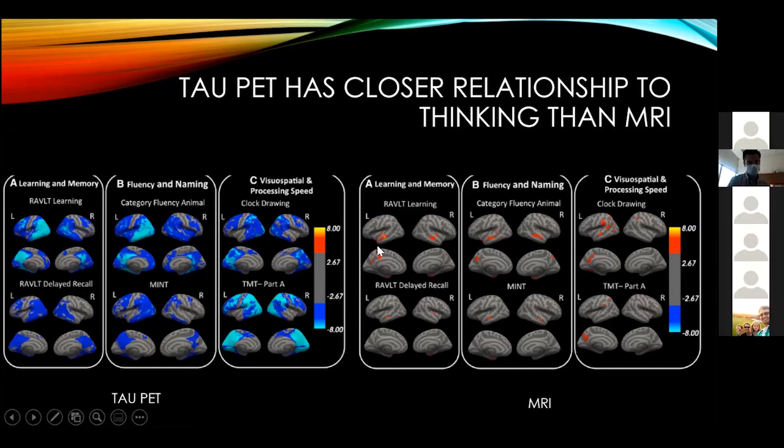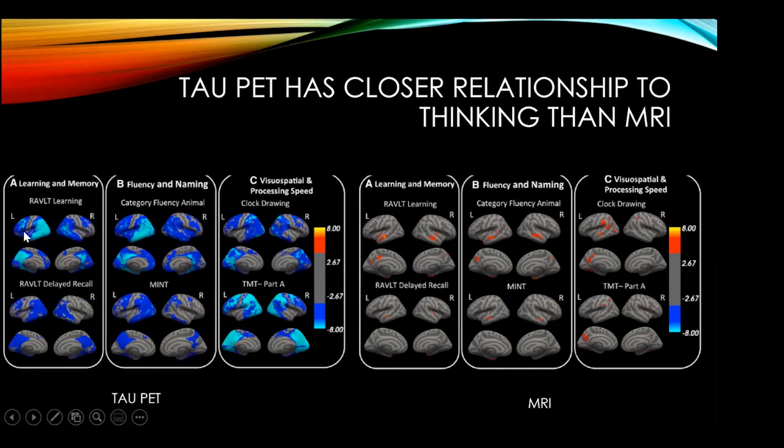You can see how much more sensitive the tau PET is to performance on, say, the verbal learning test compared with cortical thickness. So tau PET is a really exciting tool for those of us who do neuroimaging.